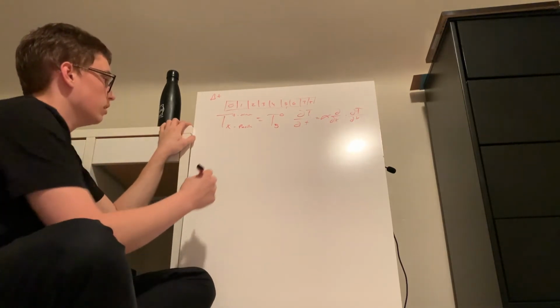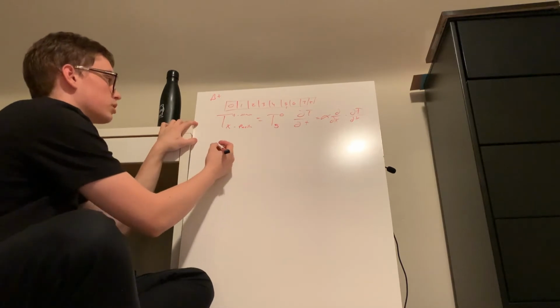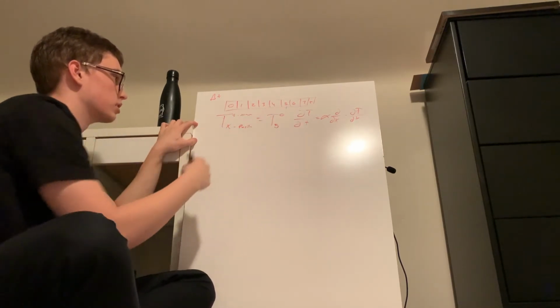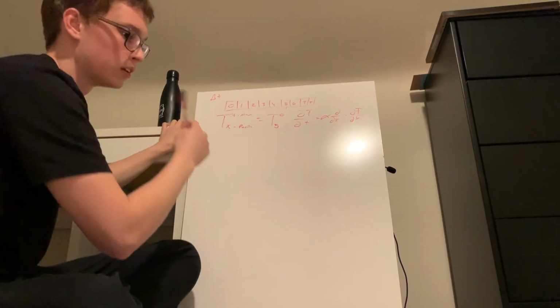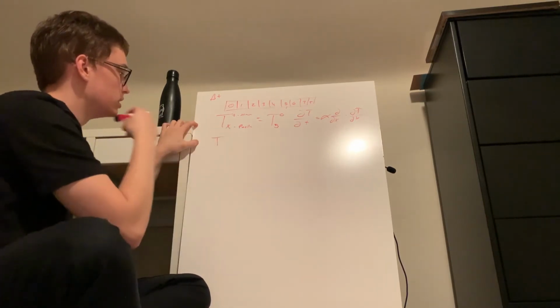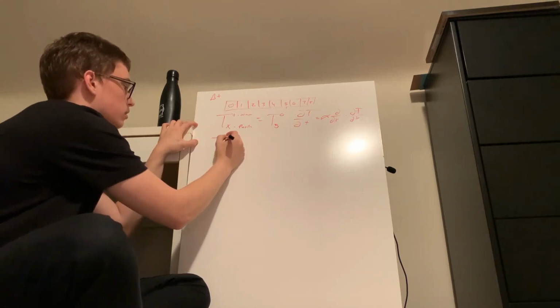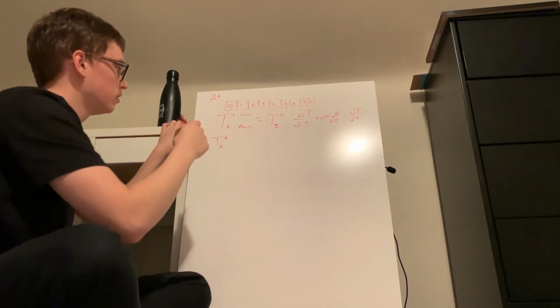So if we look at this right here, we get the change in temperature over change in time. So it's just going to be t of x, right, and time.